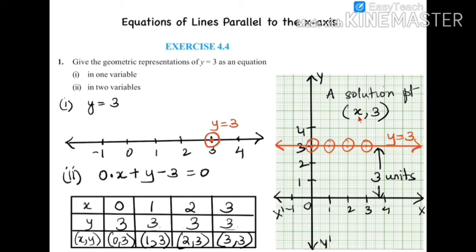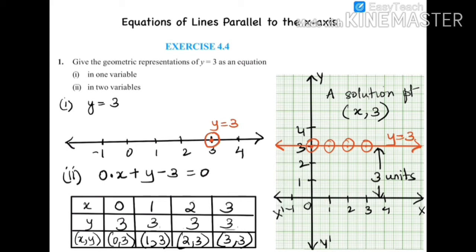You can substitute different values of x, but the value of y will remain as 3. So a point in this format (x, 3) will lie on this line. And the distance of this line from the x-axis is equal to its y-coordinate, that is 3 units.